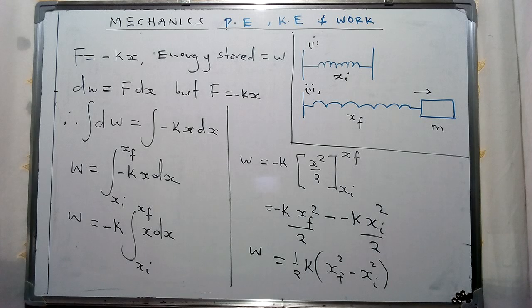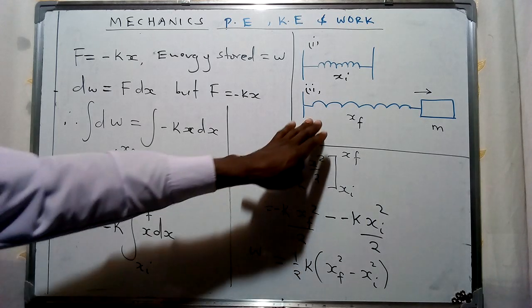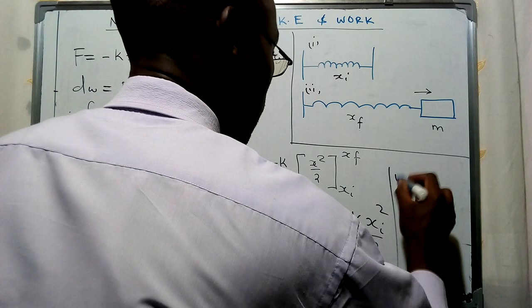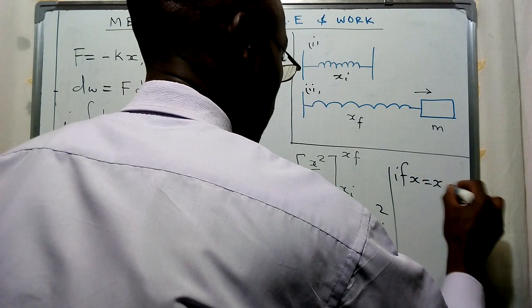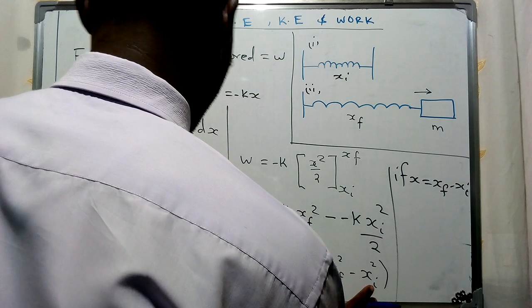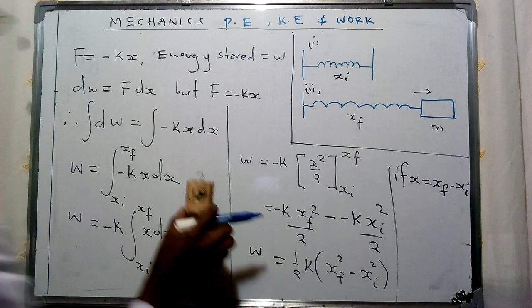So this is going to form a representation for the work done in stretching this spring from the initial to the final position. And if we consider this specific stretch, if we say x is equivalent to x final minus x initial, or the change in x, we can do a substitution and come up with a general representation.